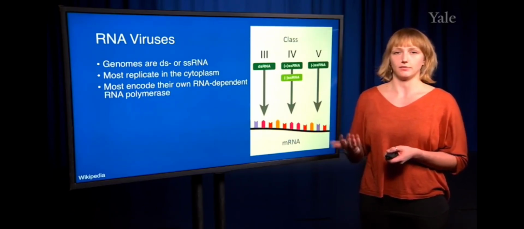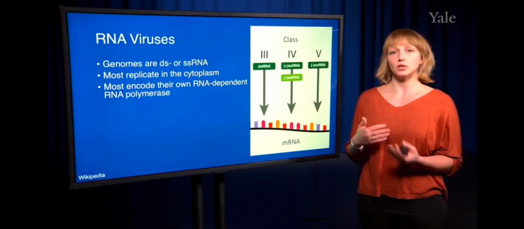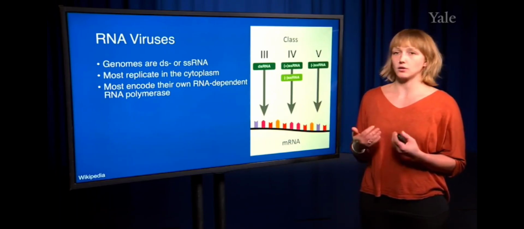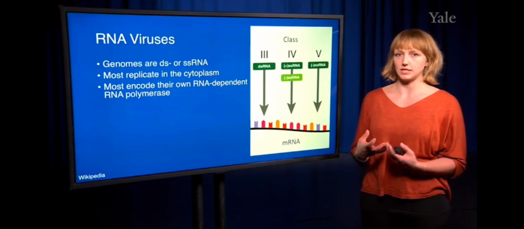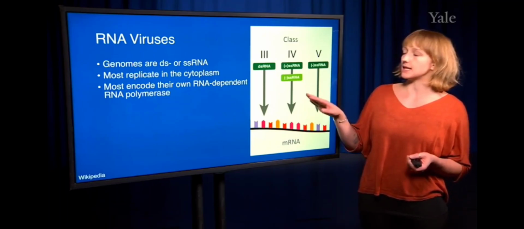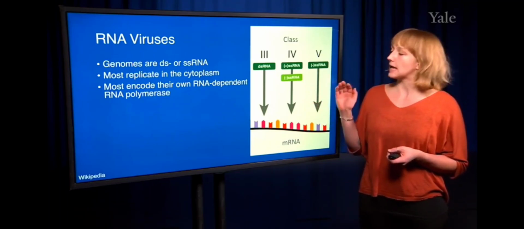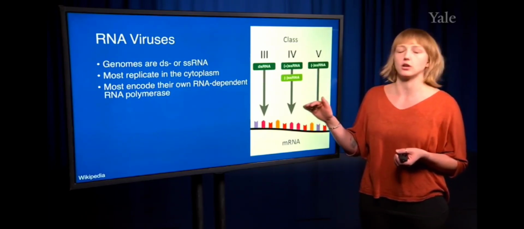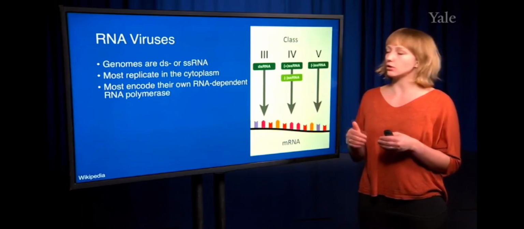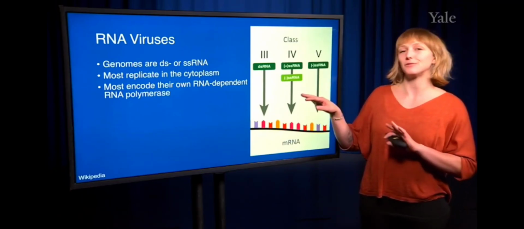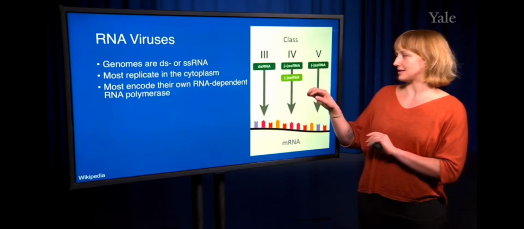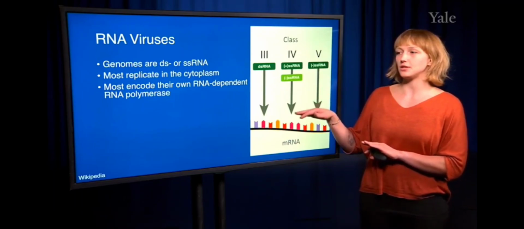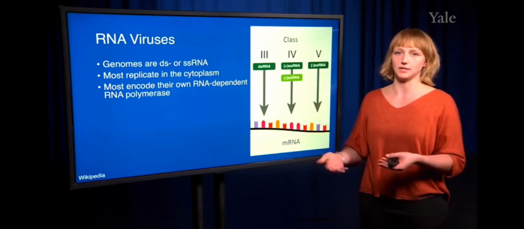And in order to replicate and in order to make more of their genomic material, the positive sense single-stranded RNA viruses have to go through an antisense or non-coding single-stranded RNA intermediate in order for that negative sense single-stranded RNA to then be used as the genome to make more positive-stranded RNA viruses.